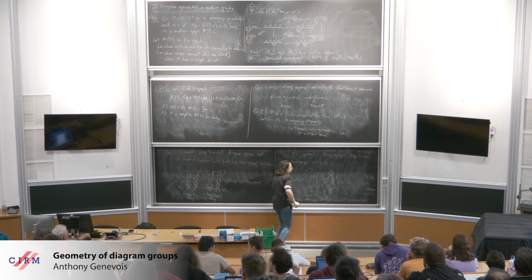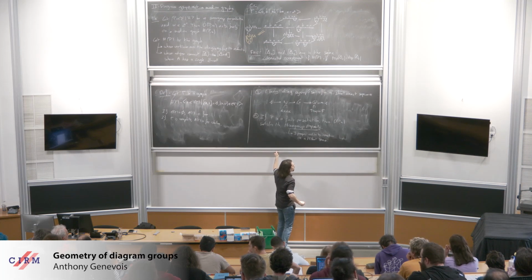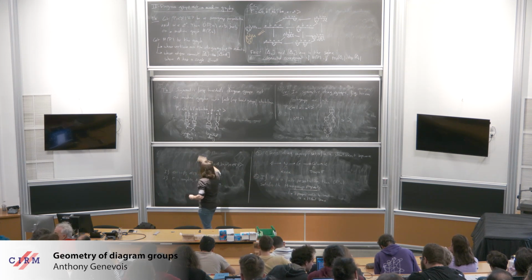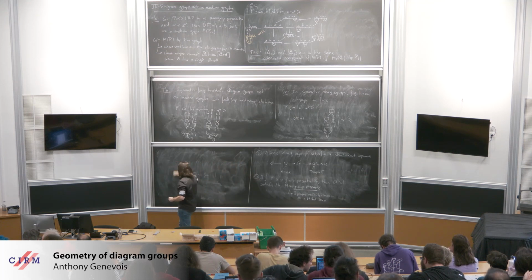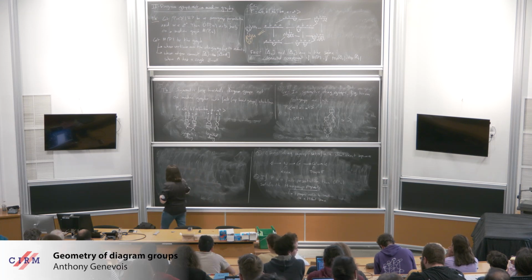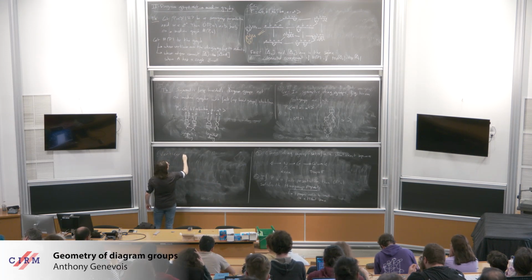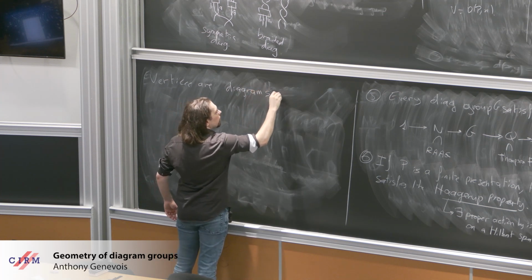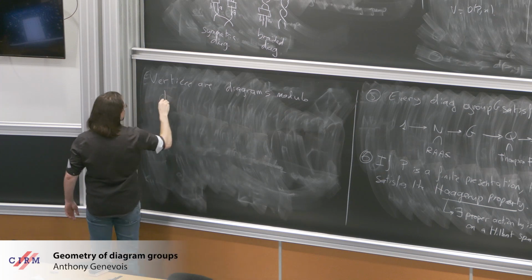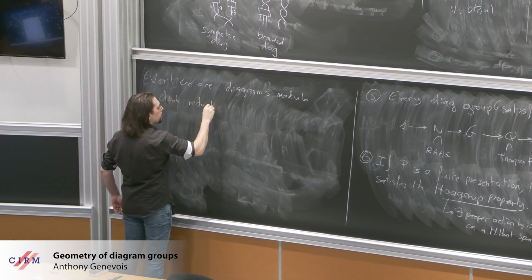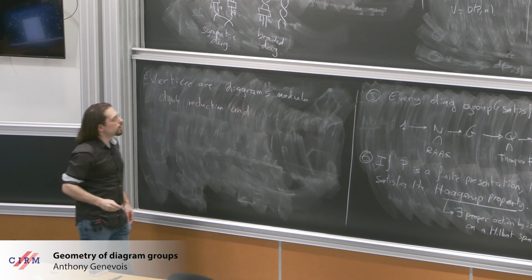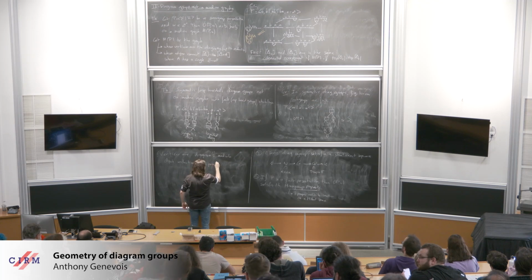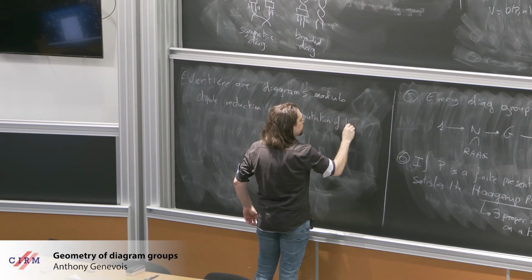The only modification is that vertices are diagrams modulo dipole reduction, and you are also allowed to permute the bottom wires.